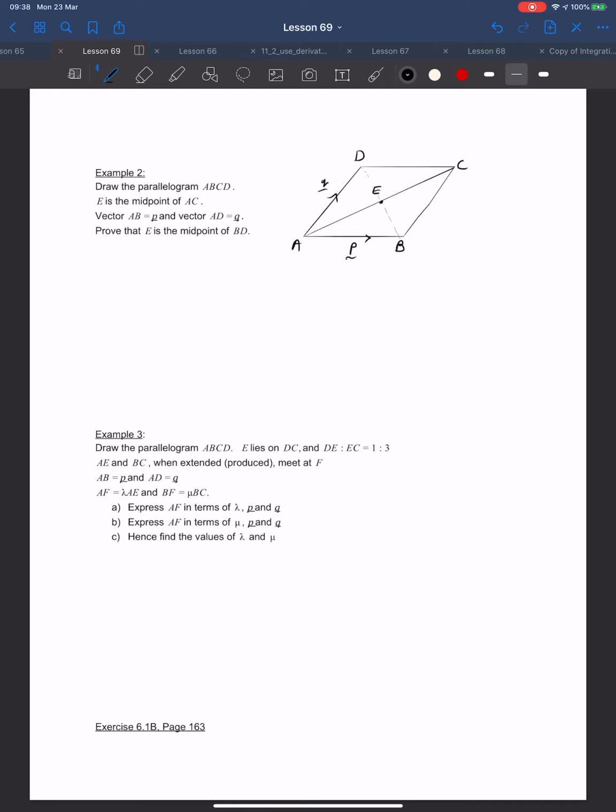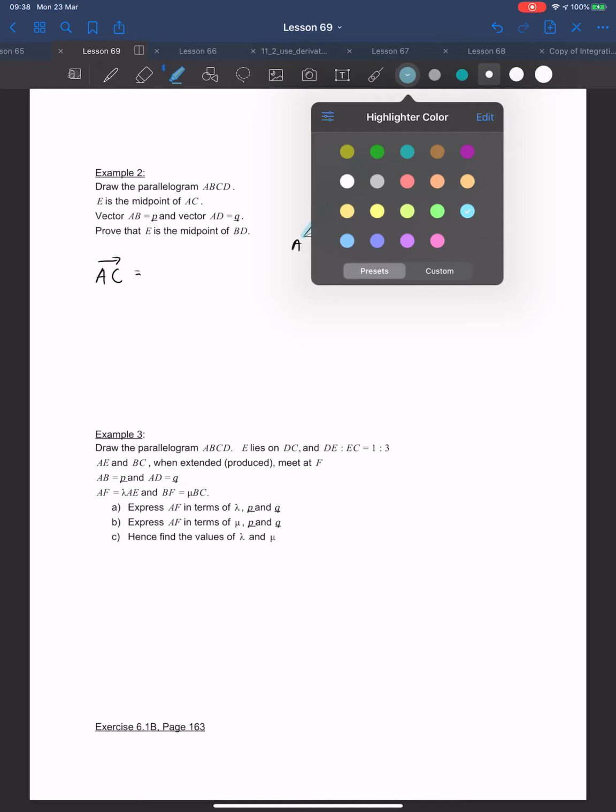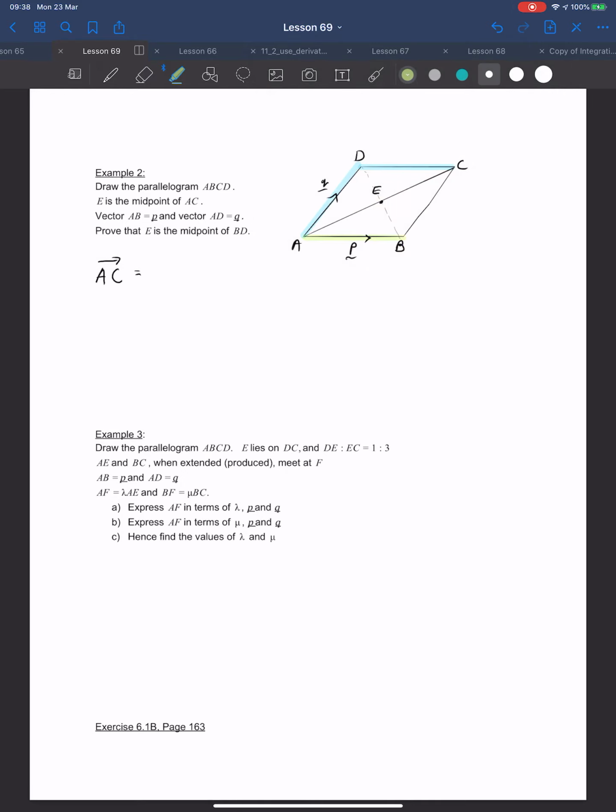E is the midpoint of A to C. To get from A to C, we can go either way, but whichever way we go, it's still going to be P plus Q. I'll do it the alphabetical way, the green way, P plus Q. The midpoint is going to be half of that, so A to E is half of P plus Q.